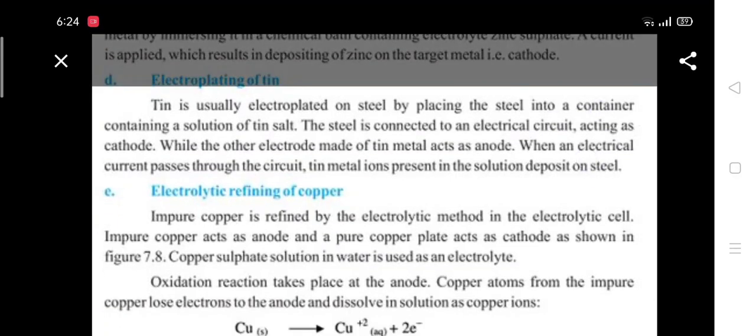Next, electrolytic refining of copper. Impure copper is refined by the electrolytic method in the electrolytic cell. In the electrolytic cell, impure copper acts as an anode and pure copper acts as a cathode.